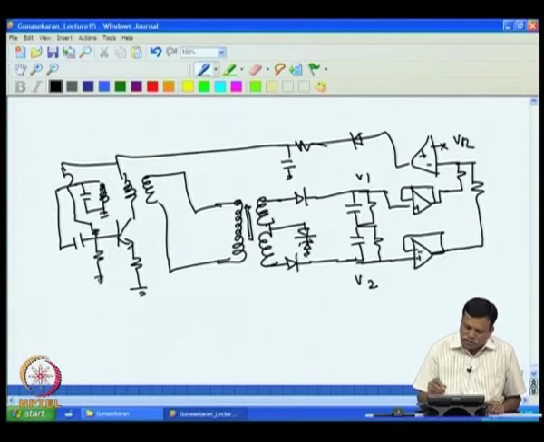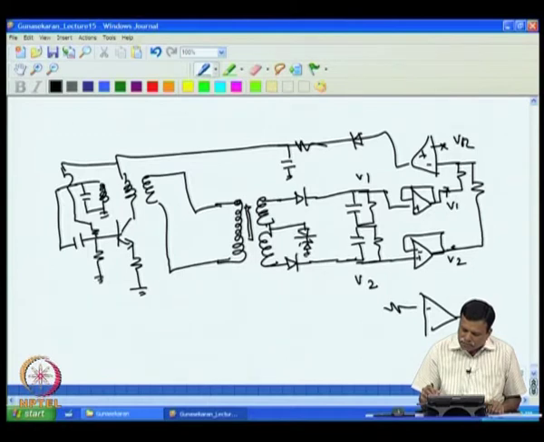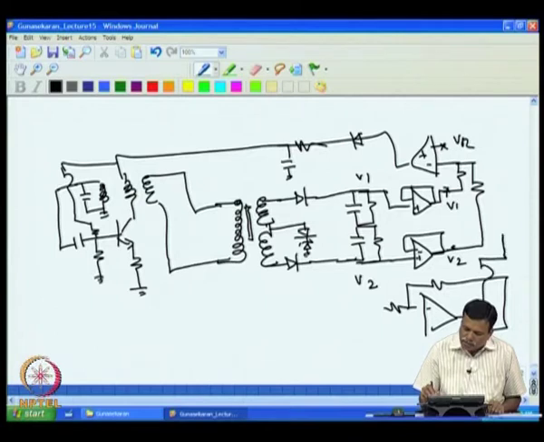So now this becomes V1 and V2. This was used to convert into current. So we had fed this to the current converter here, and the current converter was made like this. And this is the power supply point.